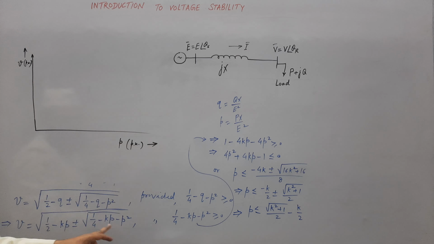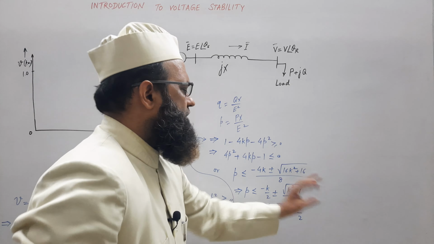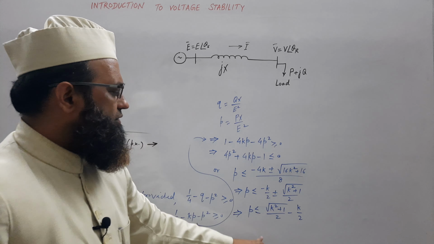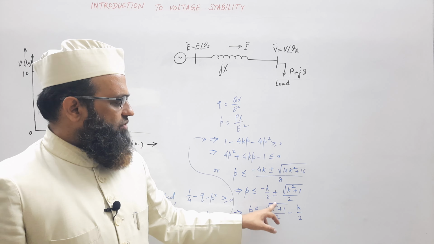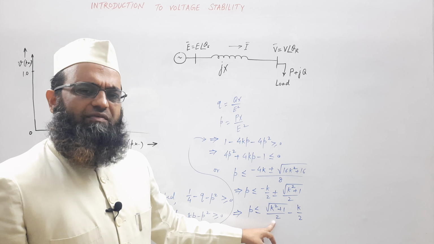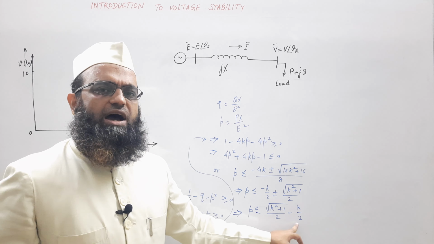Fine. So let us take this as 0, this as 1 per unit, all in per unit, right? So 1, fine. So let us take any value of K. Let us take K is equal to 1. So for K is equal to 1, what will be this? 1 plus 1 root 2 by 2. So that is 1.47 by 2, 0.7 roughly, 0.7 minus 1 by 2, that is half, 0.2.